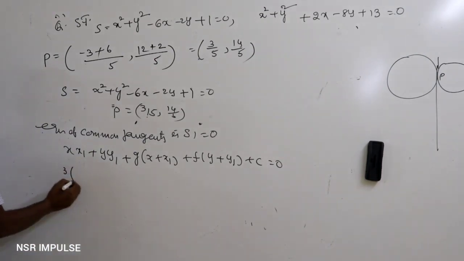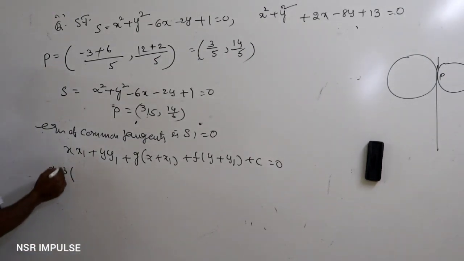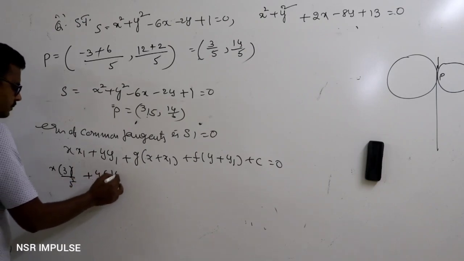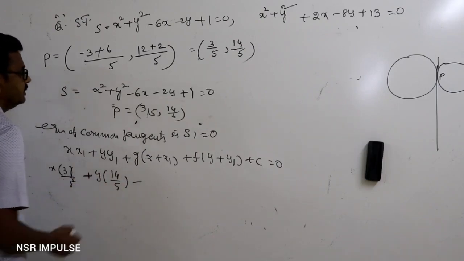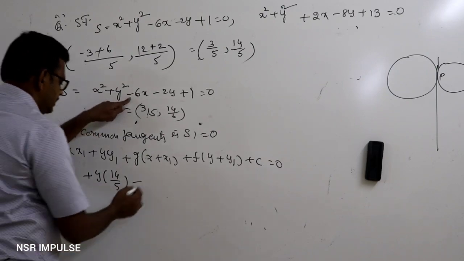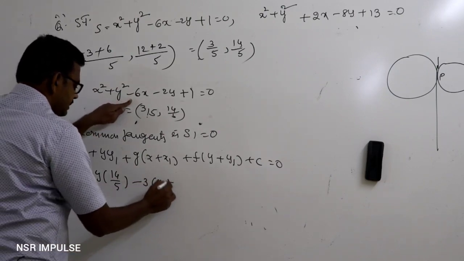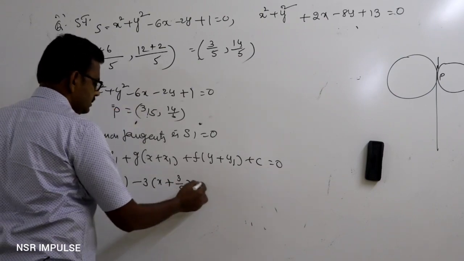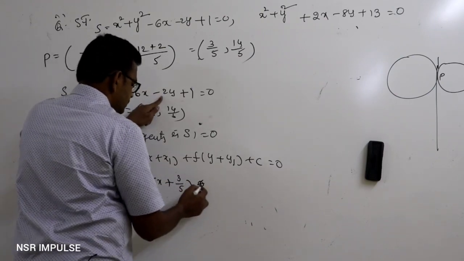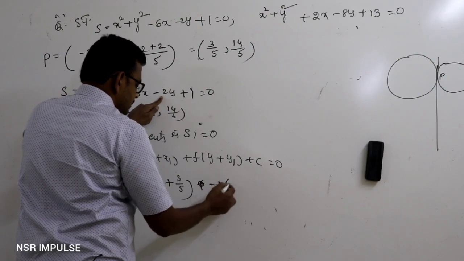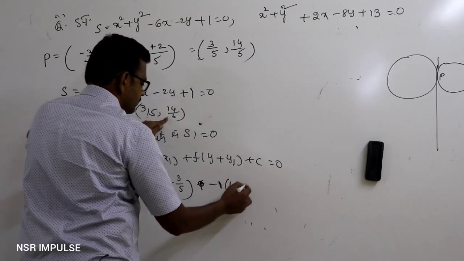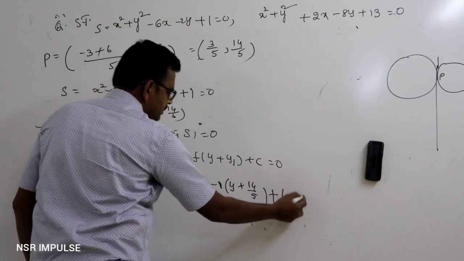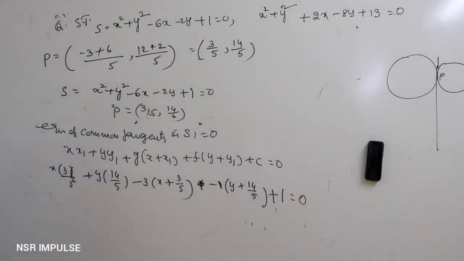So that is x into 3 by 5 plus y into 14 by 5, plus g, where g is minus 3, into (x plus x1, 3 by 5), plus f, where f is minus 1, into (y plus y1, 14 by 5), plus 1 is equal to 0.